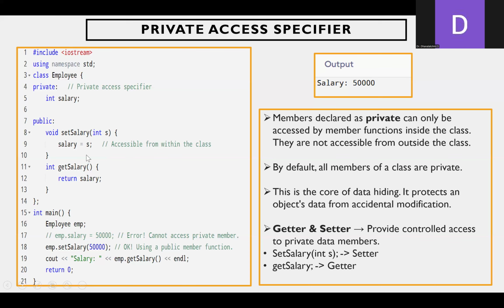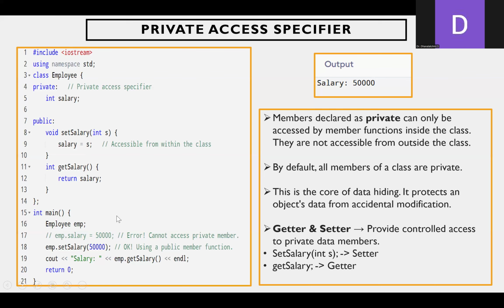Since we are inside the class, this is allowed. We can modify the private member very safely. Coming to getSalary, this function returns the value of the private variable salary. It allows controlled access to the data from outside the class.